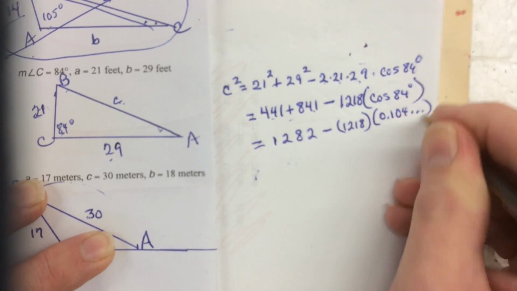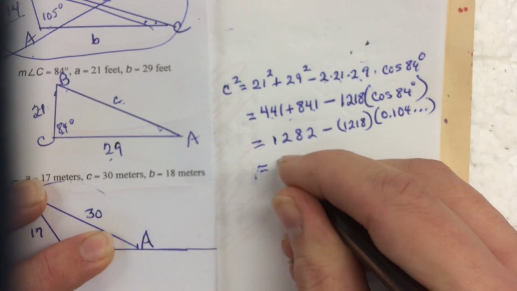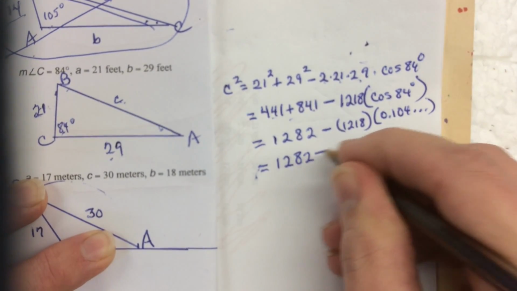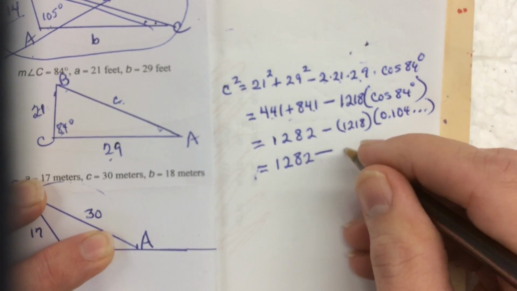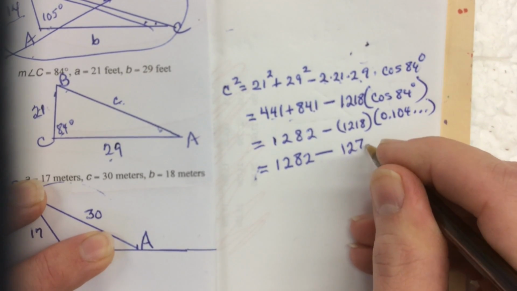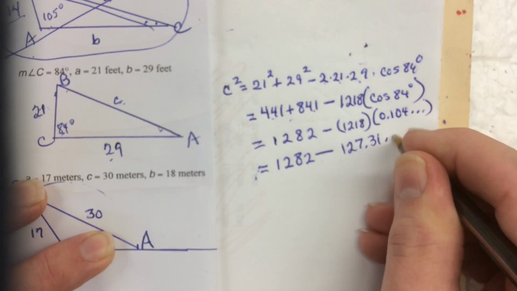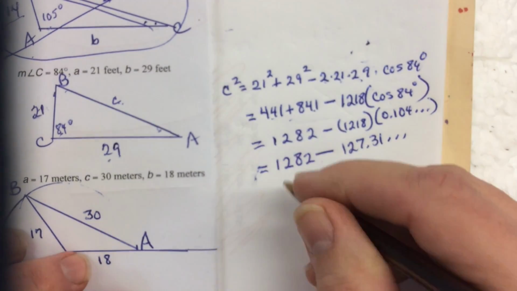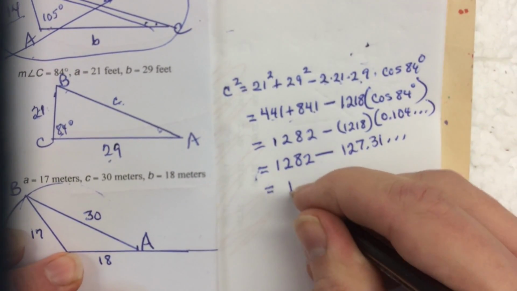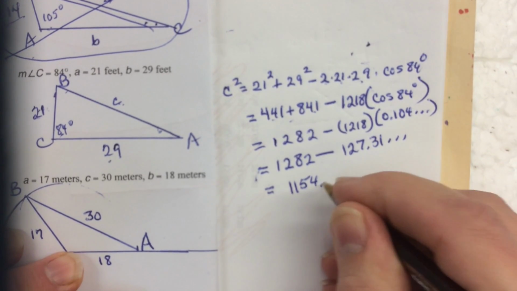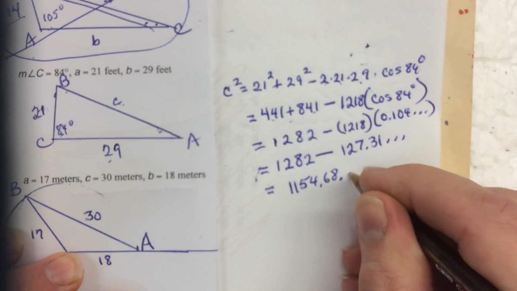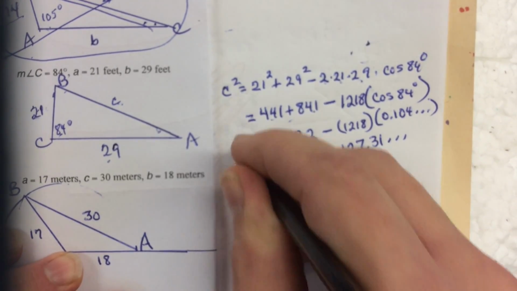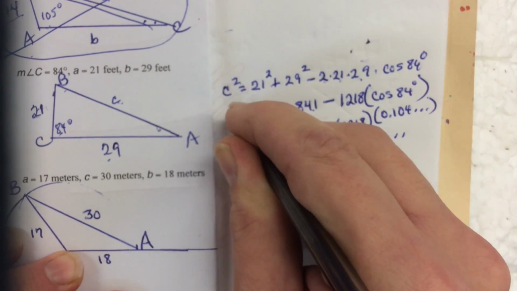A little more arithmetic. 1282 minus 127.31 something. And that turns out to be 1154.68 something. And all the way down the line here, the left side hasn't changed.